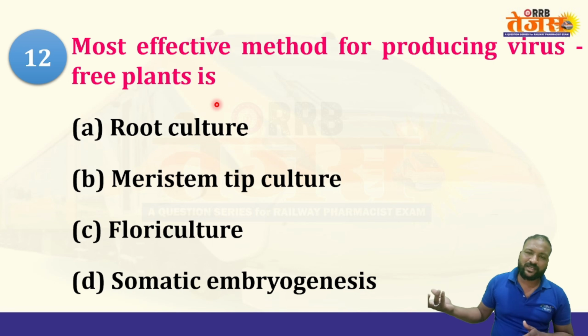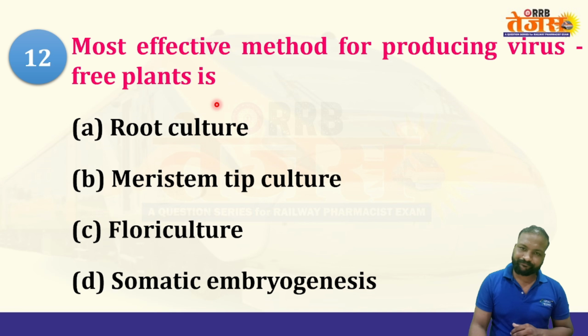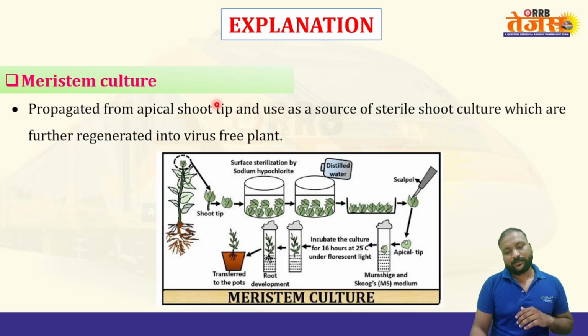By root culture we can get a different application, by meristem tip culture a different application, and by floriculture and somatic embryogenesis others. But about this question, by following which method can we produce a virus-free plant? We will see the right answer, that is meristem tip culture.